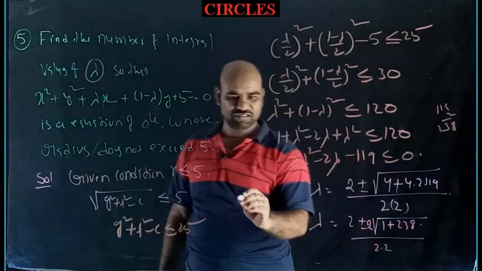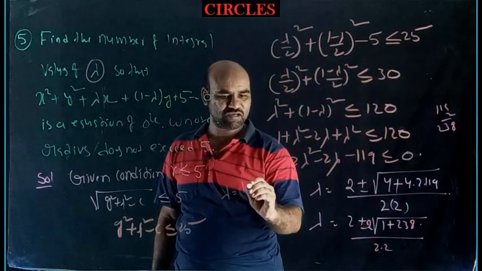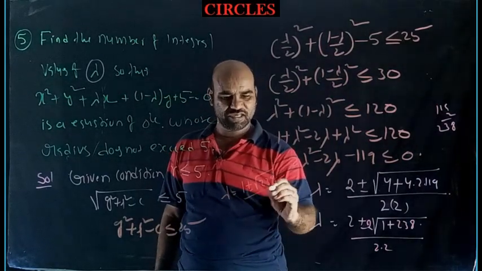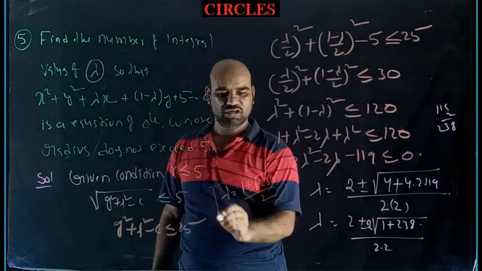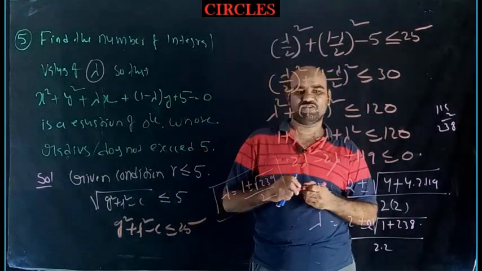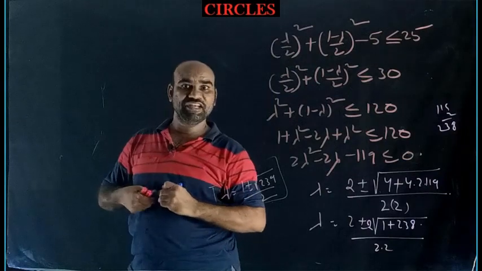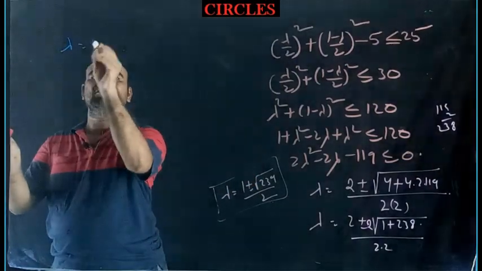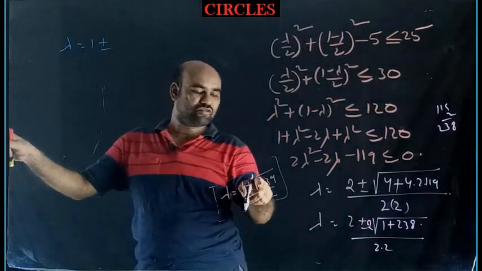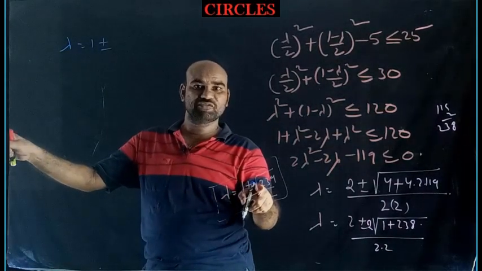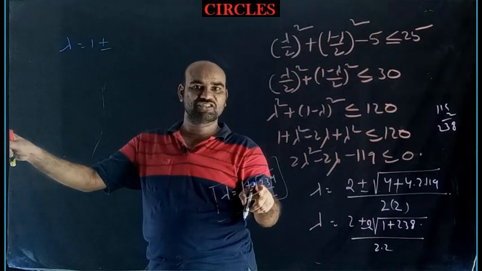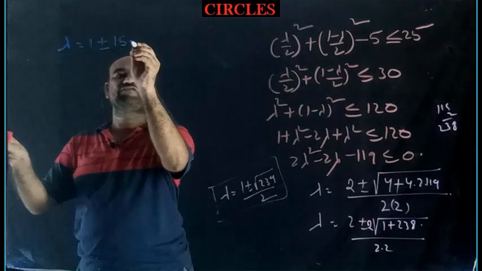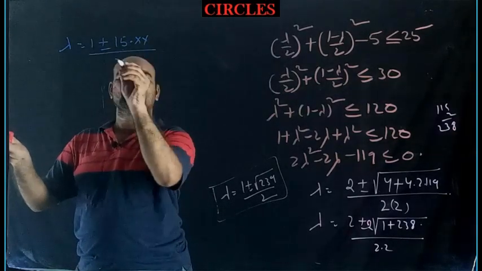So lambda equal to 1 plus or minus root over 239 by 2. Now you want to find such integral values of lambda. Root 239: 225 means 15, so it is 15 point something, divided by 2.